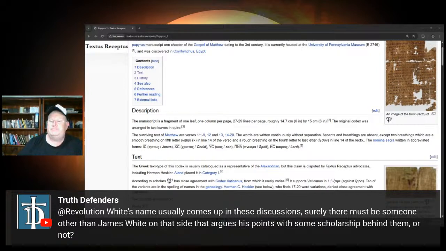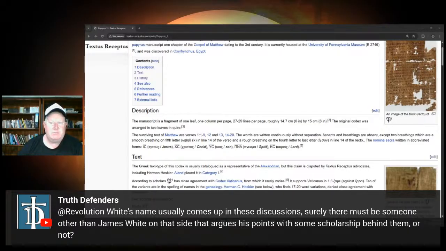So the question is, there must be someone other than White on that side that argues his points with some scholarship behind them. I mean, there's scholarship behind what's being said, but it's pseudo scholarship. It's lousy scholarship. Most people just go to Metzger. That's a default.